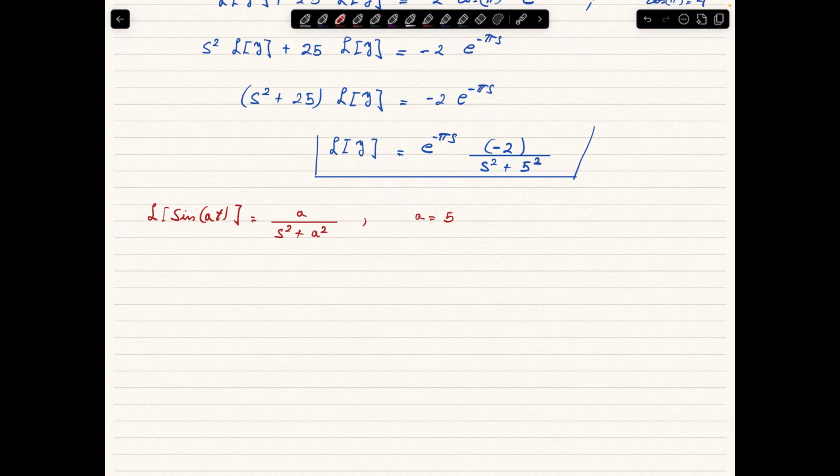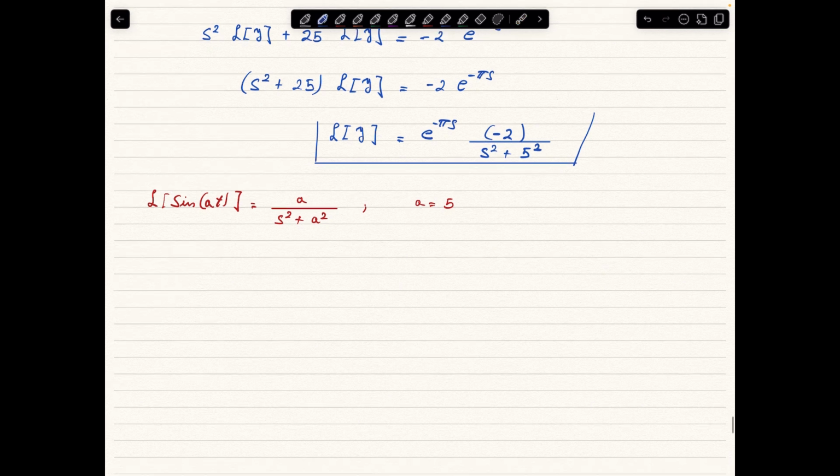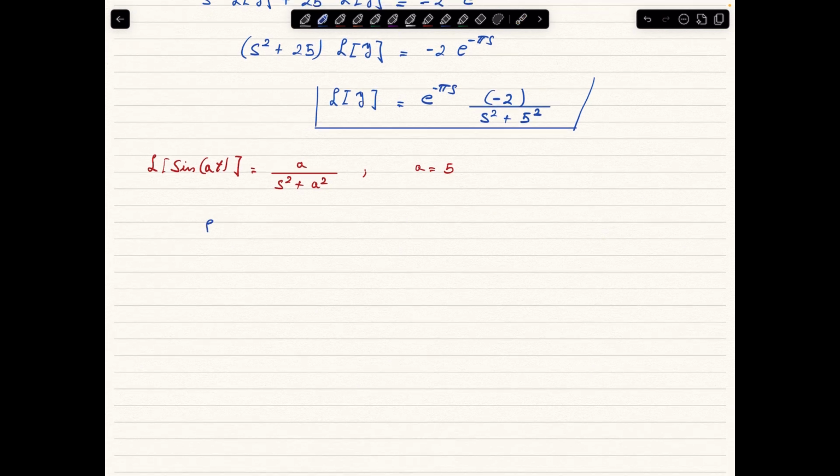Well, we are going to get almost what we have here. The problem is that we don't have 5, we have this factor. But this is not a problem, because now the Laplace transform of y can be written as, let's put the -2 over here, the exponential minus pi s over here, and now we have 1 over s squared plus 5 squared.